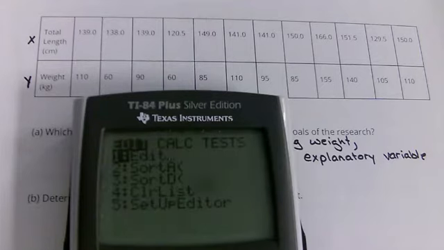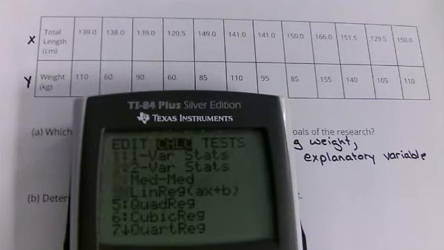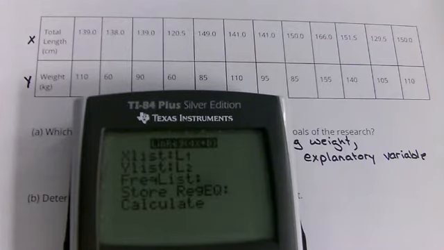Now I'm going to press stat again, and I want to do the linear regression. And we're going to talk a lot about what all this means. This time, I think I want to store the equation because I want to look at it on my scatter plot.